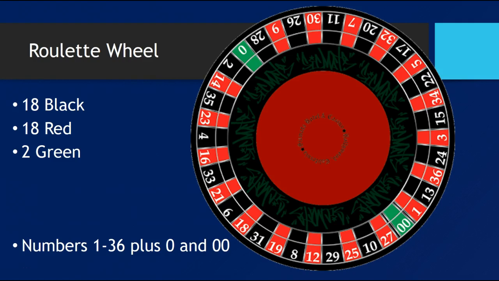They have the numbers 1 through 36, plus they have a 0 slot and a double 0 slot. Notice that both of those are green. So we have two green numbers. And then the 1 through 36 numbers are all either black or red. So half of them are black, half of them are red. So 18 black, 18 red, and 2 green on the 38 slot roulette wheel.